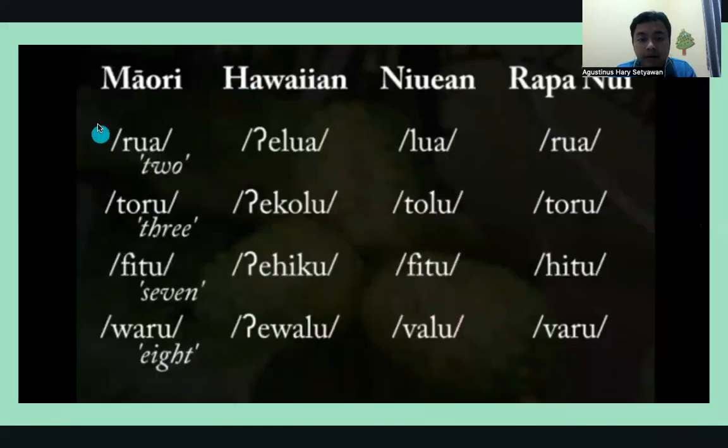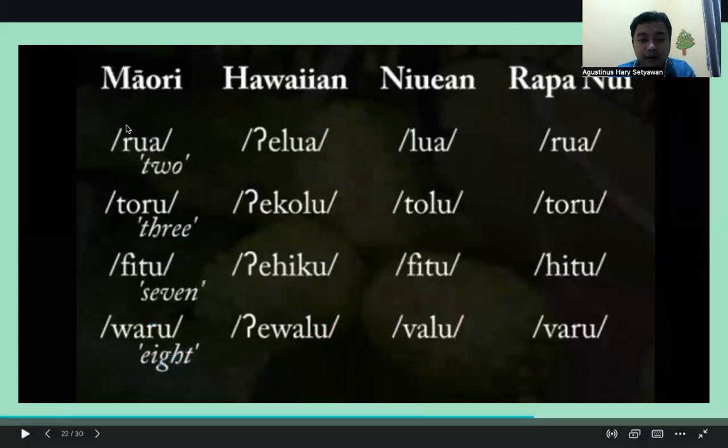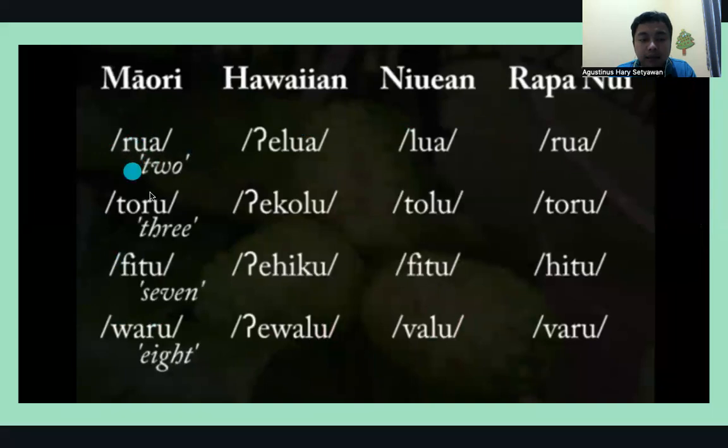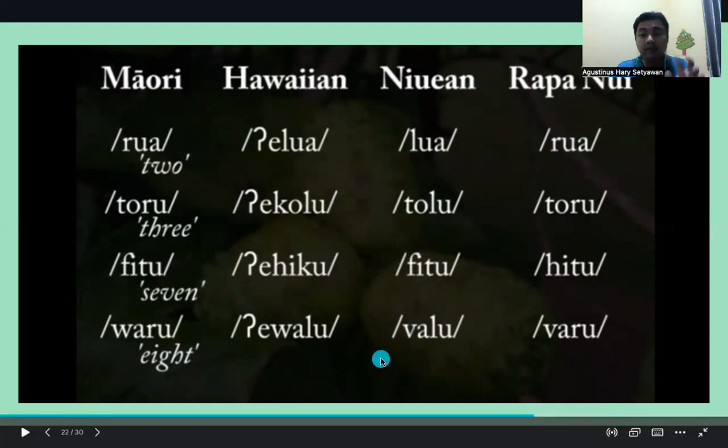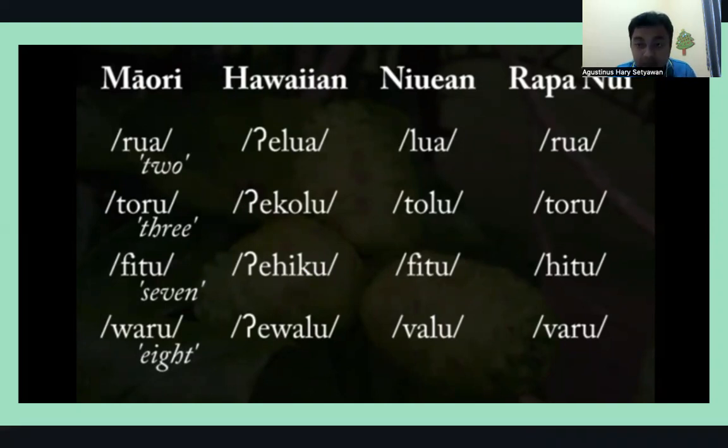If you find these 2, 3, 7, 8 from Maori, the English meaning, 2, 3, 7, in Hawaiian, pelua, pa, pahiku. Make an analysis of this. Can you make it? You can pause, then try by yourself.